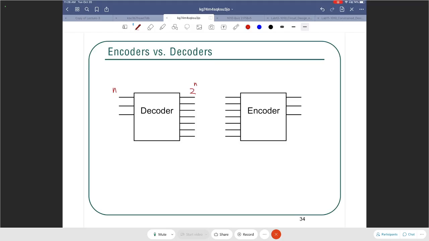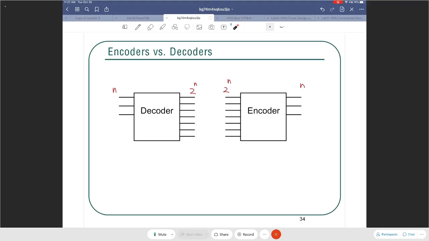The encoder is exactly the opposite: 2 raised to n inputs, n outputs. Earlier you were getting a binary code and giving me the decimal equivalent of that code. Now you get a decimal equivalent of a code and you are converting that into a binary code, encoding that decimal number.